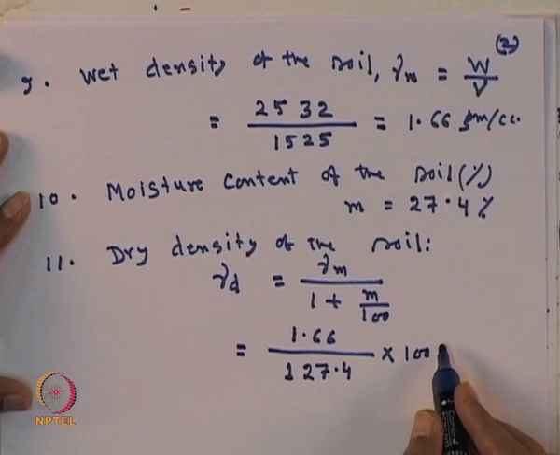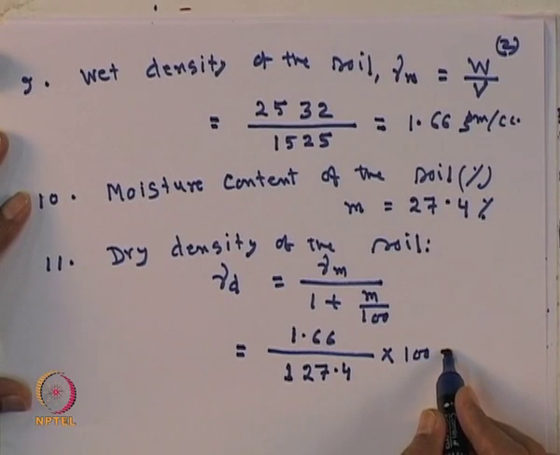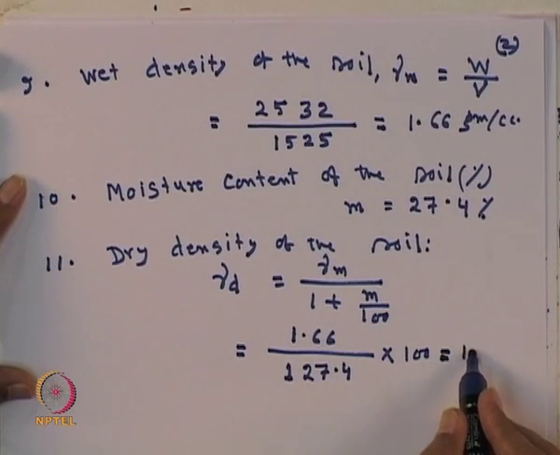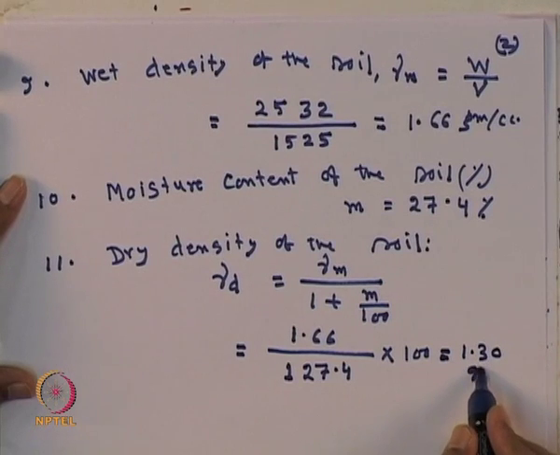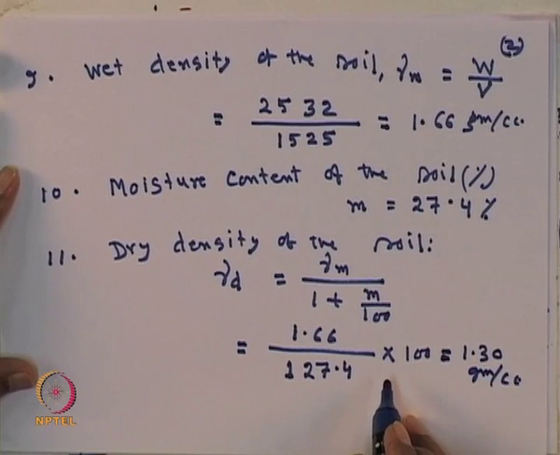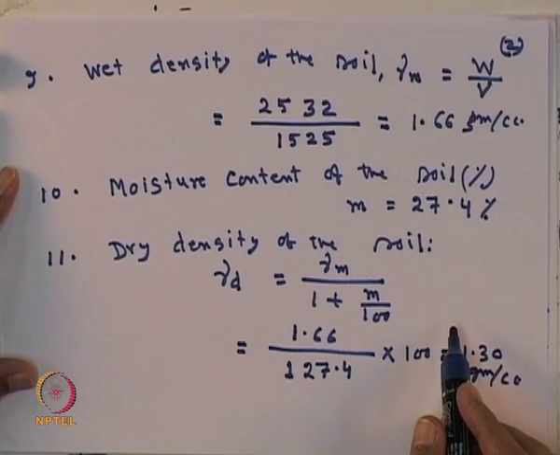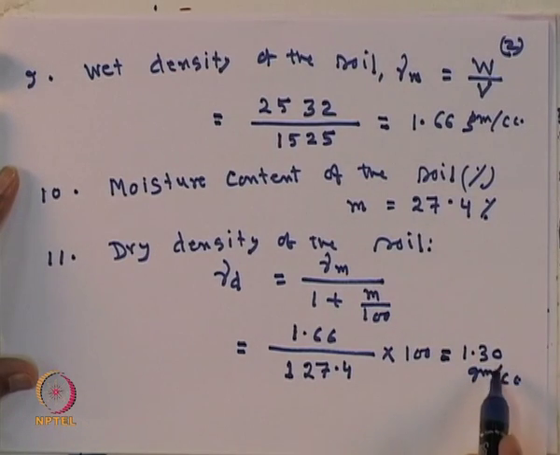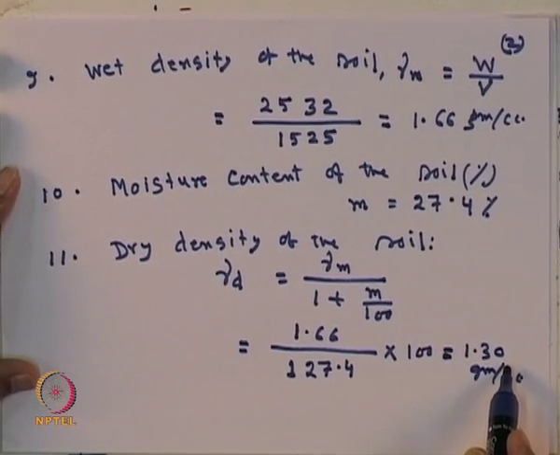So, this will give you that density of the dry soil is about 1.30 gram per cc, because here the moisture content is 27.4. So, you can calculate the dry density of the soil.